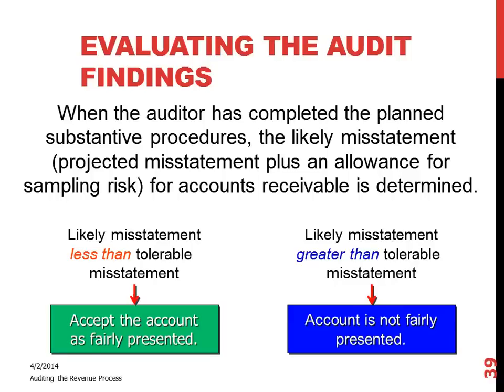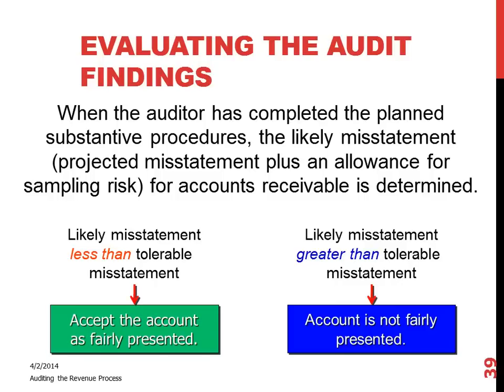And the client still has $500,000 posted. The difference, the $100,000, is a misstatement. That account is misstated by $100,000. That's what I mean by a known misstatement versus sampling, which gives you a likely misstatement.